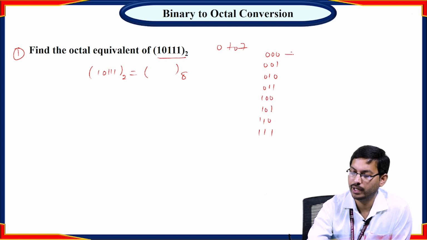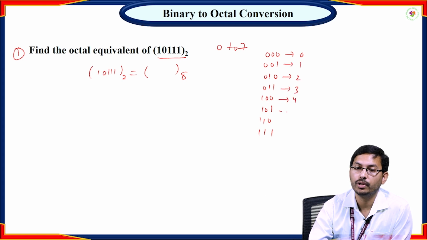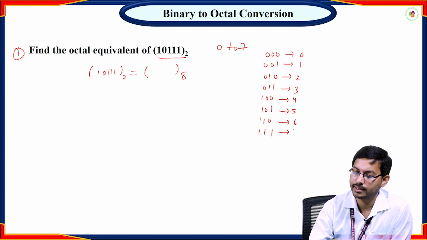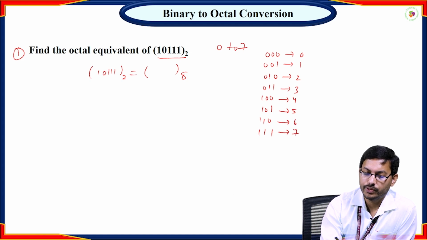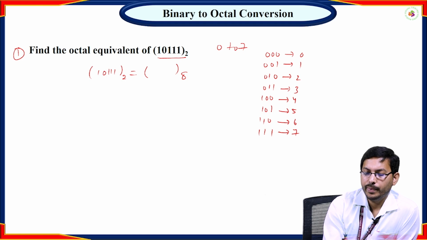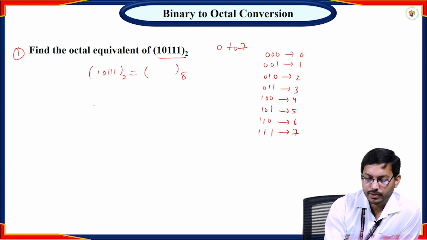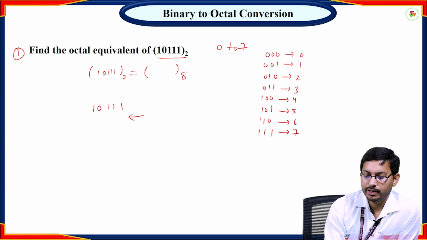So these equivalent values are 0, 1, 2, 3, 4, 5, 6 and 7. For the binary number, we take this direction: first we pair three bits, and next we take the remaining ones.